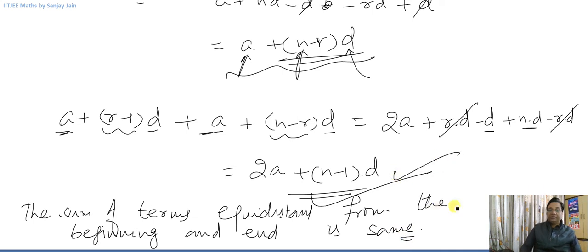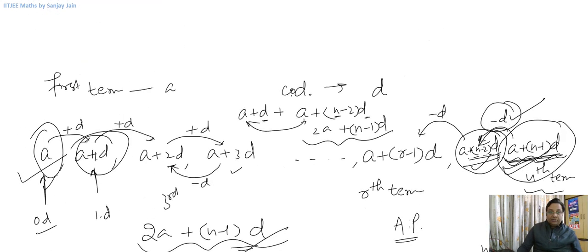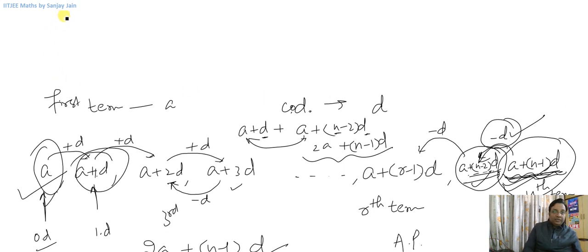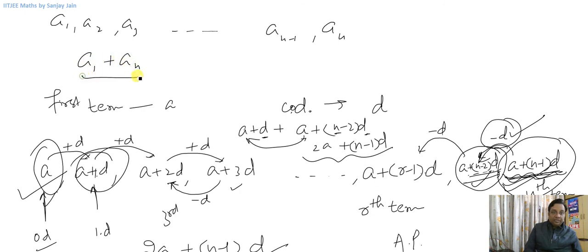And we have seen that it is equal to 2a plus (n minus 1) into d. So in this form, if I have written the AP a1, a2, a3, a(n minus 1), an, then I can say a1 plus an, that is first term plus last term, will be equal to a2 plus a(n minus 1), that is second term plus second last term.